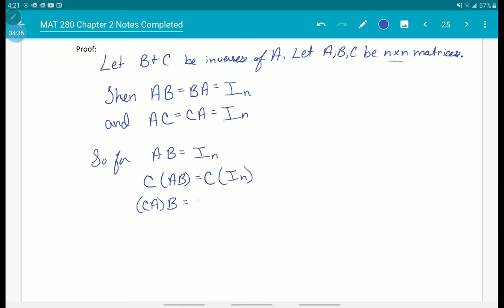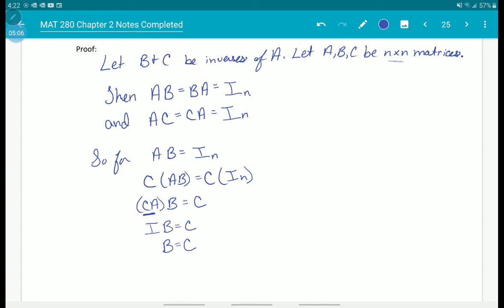But C times the identity is really just going to be the C matrix. So on the right we have C, but we said C was an inverse here. And C, the inverse, times A has to be equal to the identity matrix. And the identity times any matrix will be that matrix.